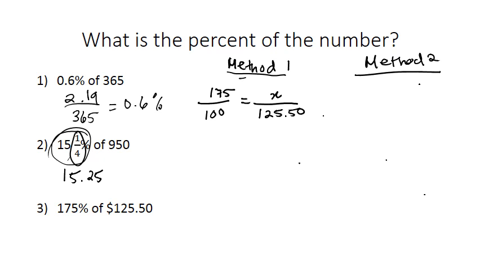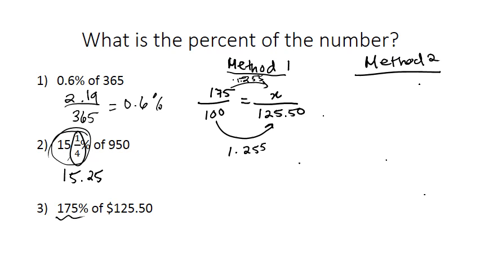Now I know that whatever my x is has to be greater than 125 because my percent is greater than 100. So I need to figure out how do I go from 100 to 125.50. Well, if I multiply 100 by 1.255, I'll get 125.50.